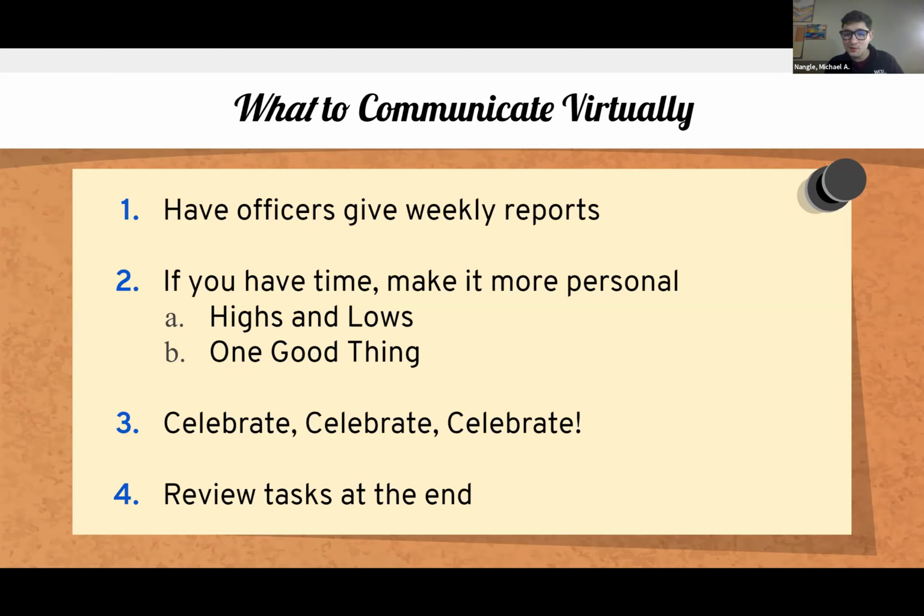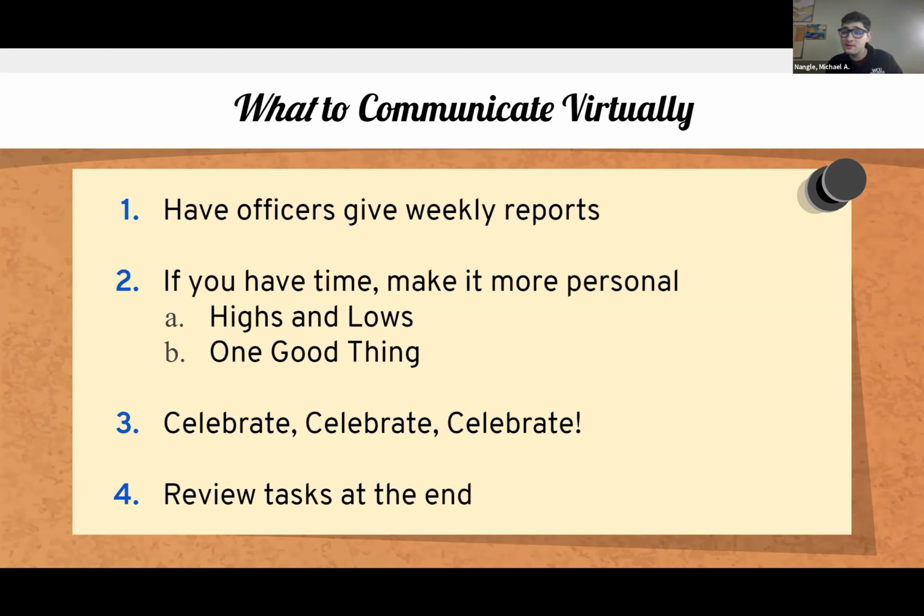But outside of a more formal thing, I think that it's important to have more personal time in your executive boards as well. Obviously, don't spend the same amount of time as your business doing personal things, but having a high and low moment, just having each one go around and say something good and something that wasn't so good happened that week can allow for so much more personal connection that just brings a side of humanity to it that is often missing in these virtual settings.